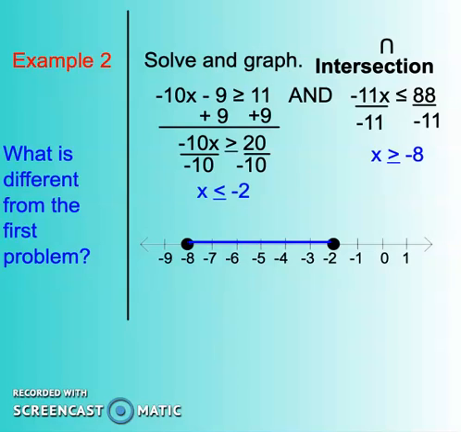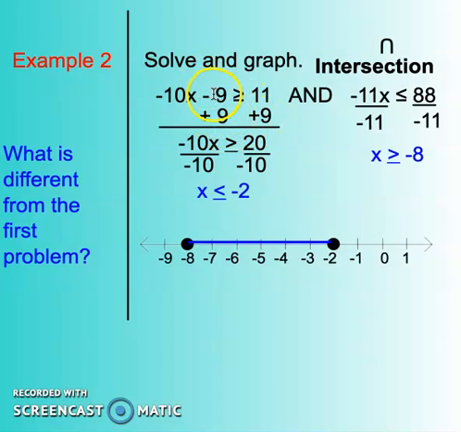Now, what do you notice that's different about these two inequalities? Yeah, these compound inequalities actually started off exactly the same. They were solved with the inverse operation.